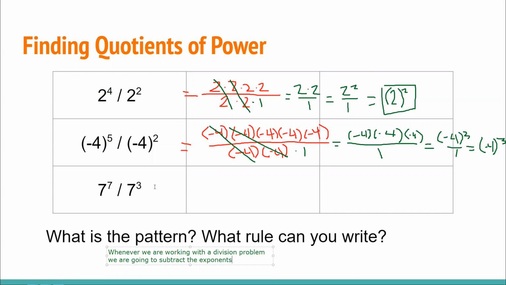So if we didn't want to write out 7 times, because that's really time consuming, what we're going to do is we're looking at 7 to the 7 minus 3 power. So our base still stays 7 because that's our base over here. And then we're just taking 7 minus 3, which is going to give me 7 to the 4th power. And that's going to be my final answer there.